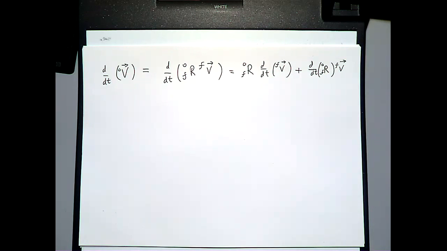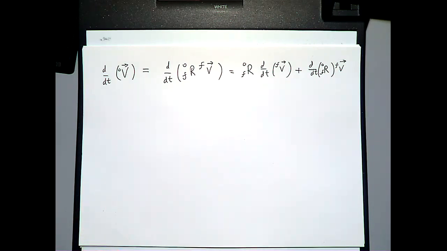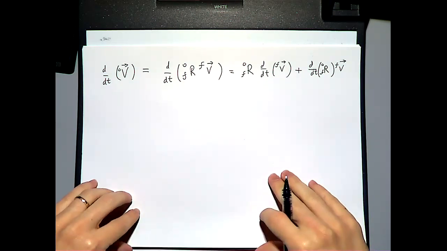So where are we headed? We are headed towards obtaining v dot. I will explain in detail what I mean by v dot. V dot is the actual time change.